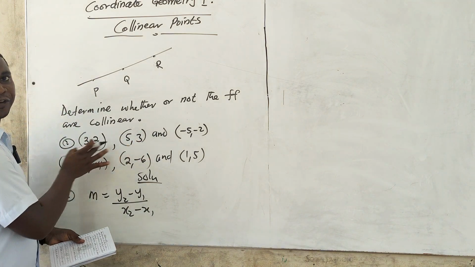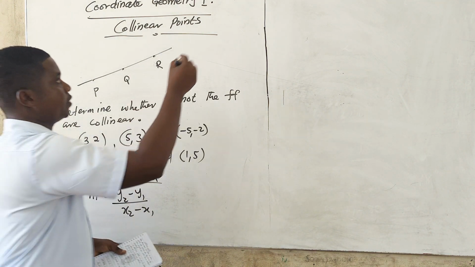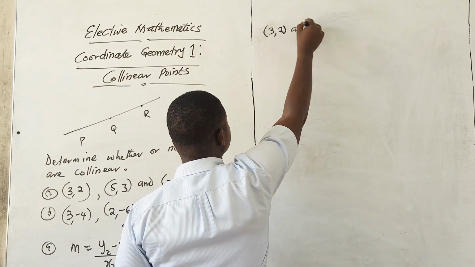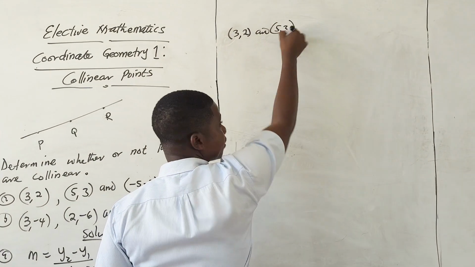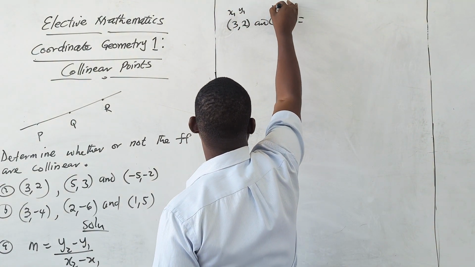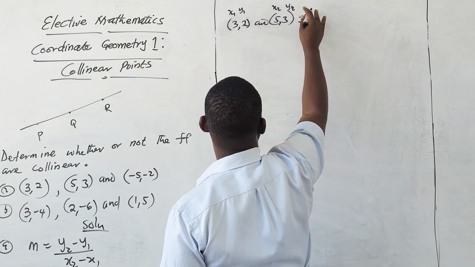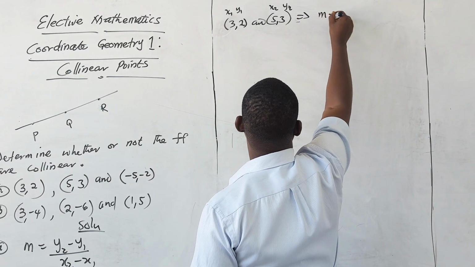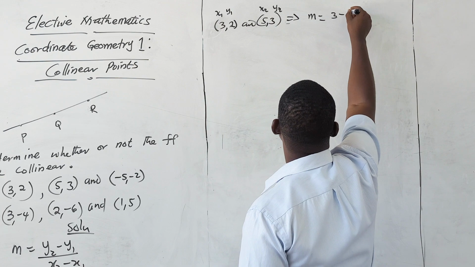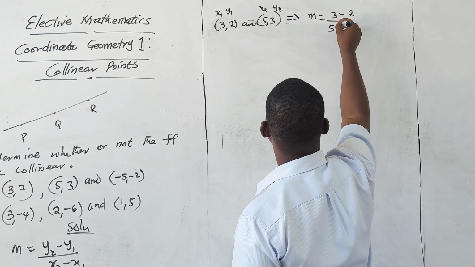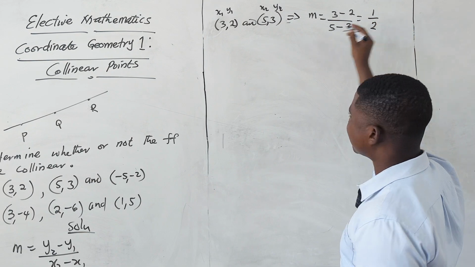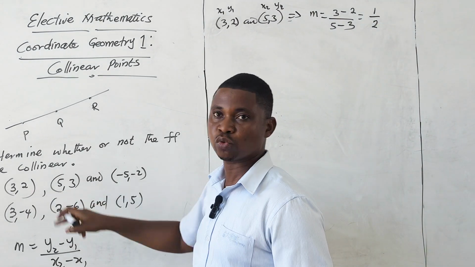So when we pick the first 2 points, (3, 2) and (5, 3), this is our x1, y1, x2, y2. So our m is equal to 3 minus 2 over 5 minus 3. So this one will give us 1 over 2. So that's the gradient for the first one.